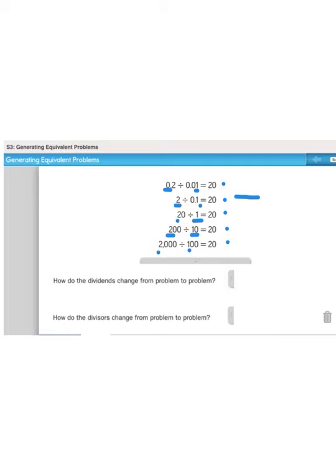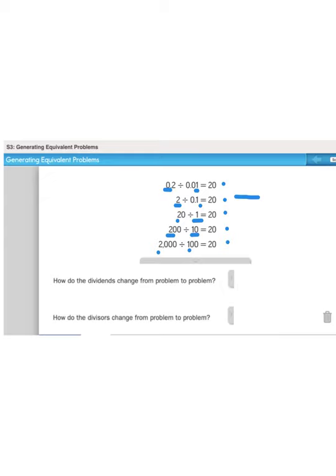How many tenths are in the number 2? So 2 divided by 1/10, I know that there are 10 tenths in 1, so there would be 2 times 10, or 20 tenths in the number 2.